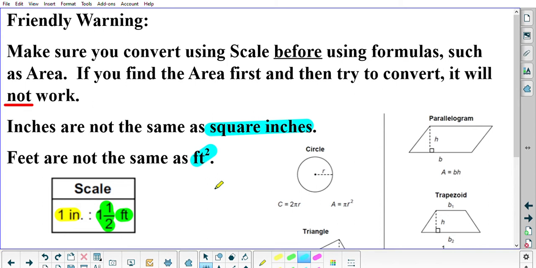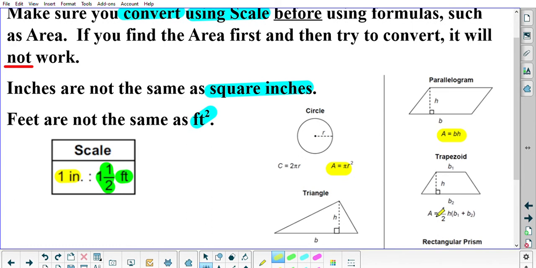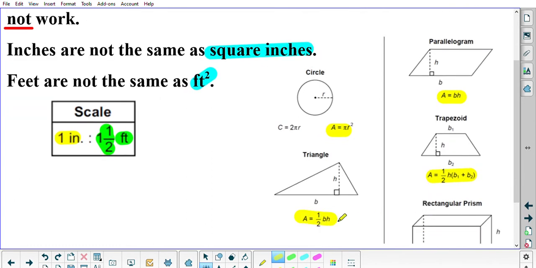This is why when you have scale, you need to convert the measurements on the shape using the scale before you use the actual area formula. Whether it's the area of a circle or the area of a parallelogram or the area formula for a trapezoid or a triangle, before you use those actual area formulas, you will have to convert the measurements, whether it's base and height or radius of a circle or whatever it might be, for whatever shape you're dealing with.